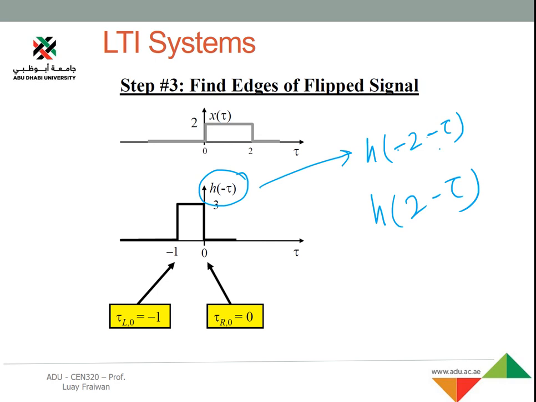Try to plot h of minus tau, h of minus 2 minus tau and h of 2 minus tau. Then we will discuss in the live session how we can convolve these two signals to get the final result.